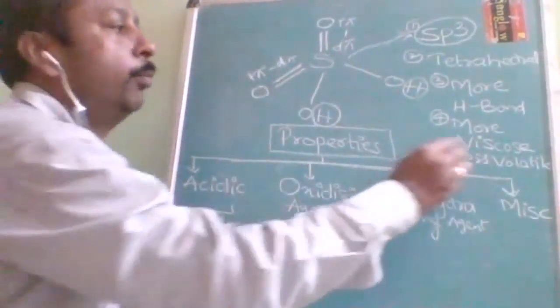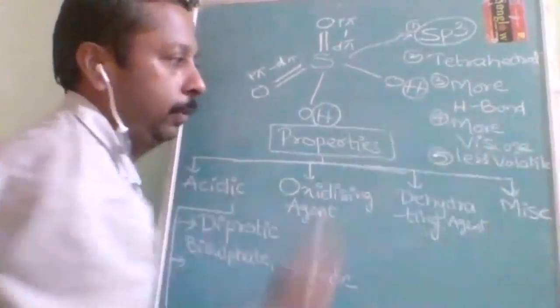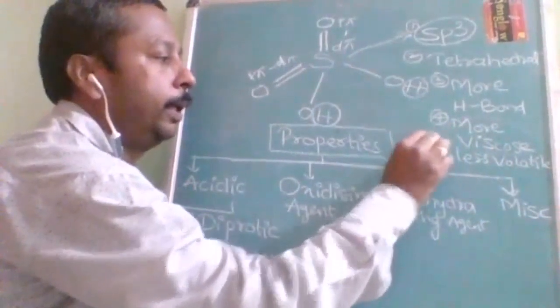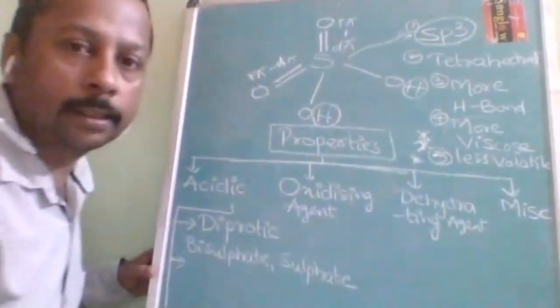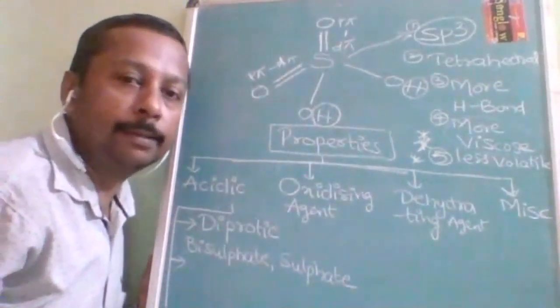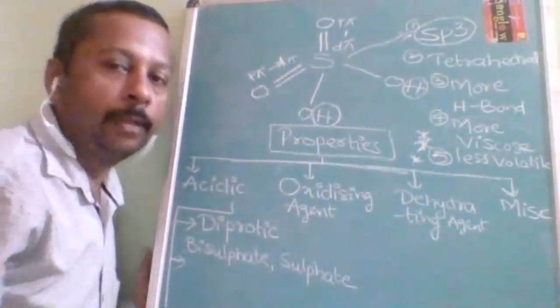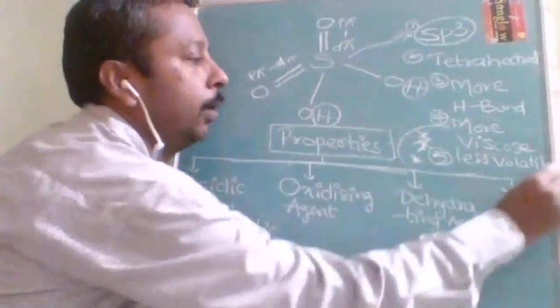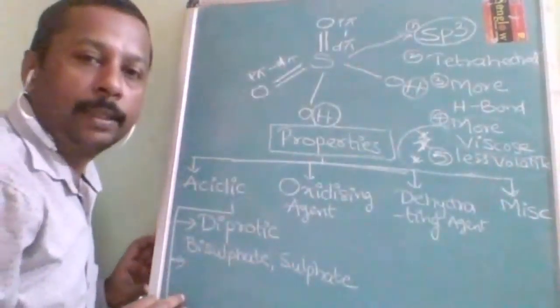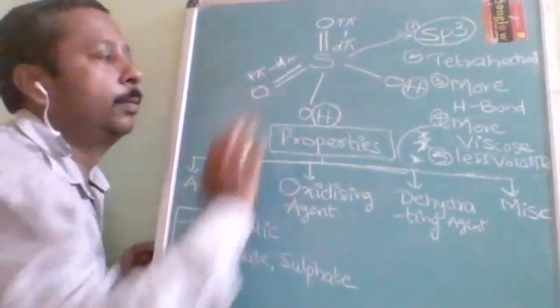Because of the larger number of oxygens and hydrogens eligible for hydrogen bonding, it is more viscous and less volatile. They indirectly ask this property in tough exams like AIIMS and IIT Advanced. I will tell you how it is useful when the topic arises. So this is about the structure.